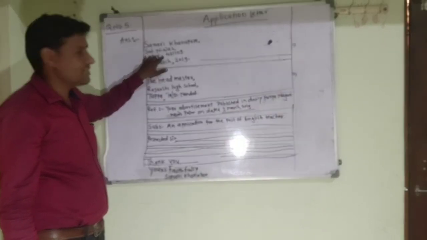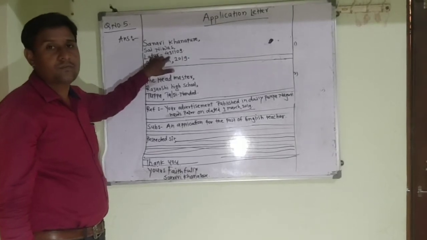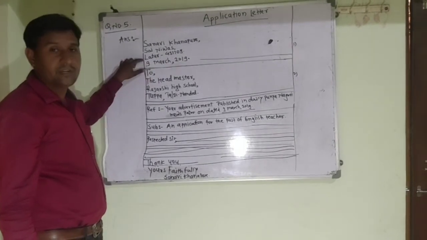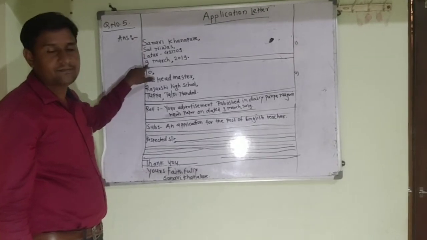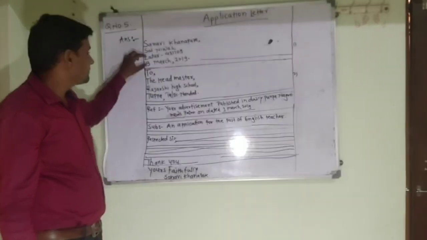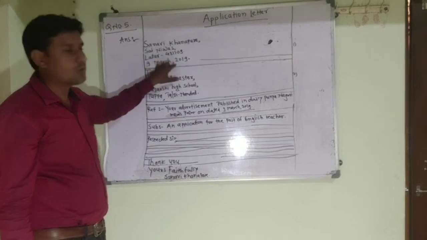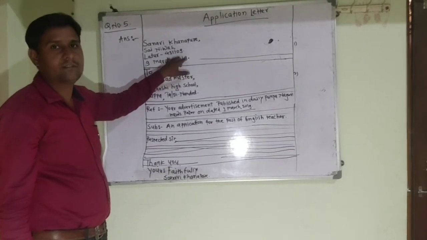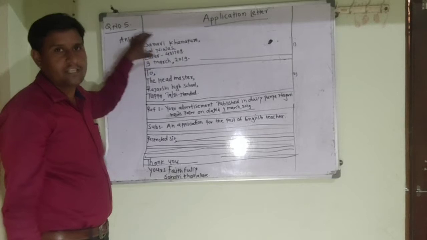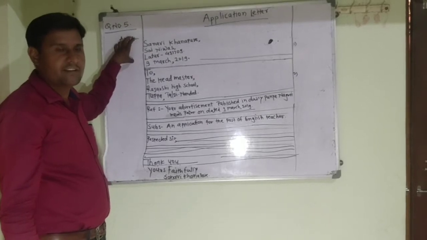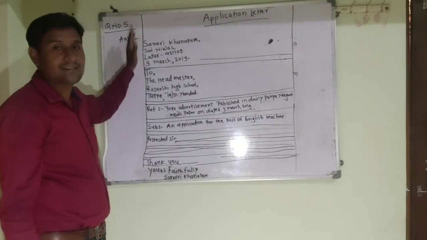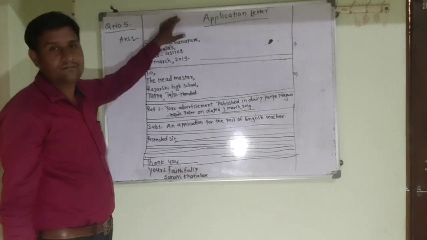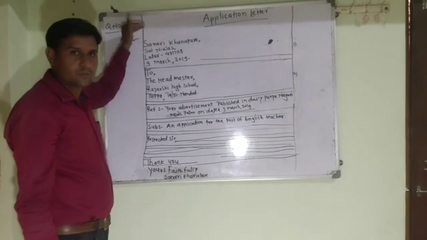Put a dash here. Write the pin code of the village, and leave one line below the address and write the date like this: 9 March, comma, 2019, full stop. We call it the first rule of the application letter. It is written on the left side of your answer sheet below the question.